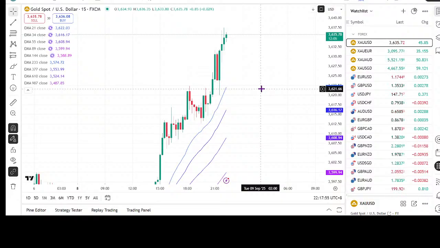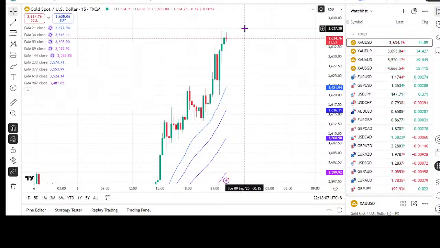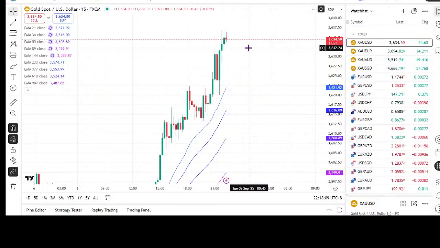The only way we can confirm a high is when we see a lower high and lower lows.